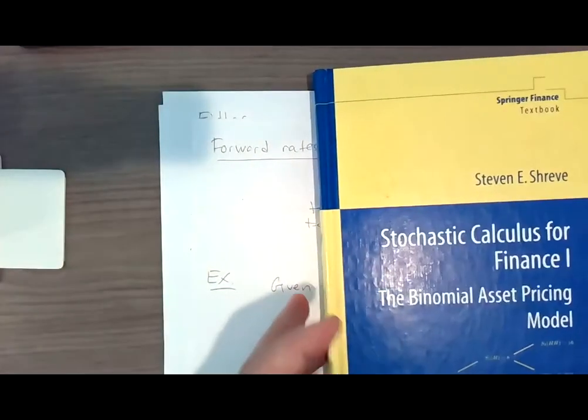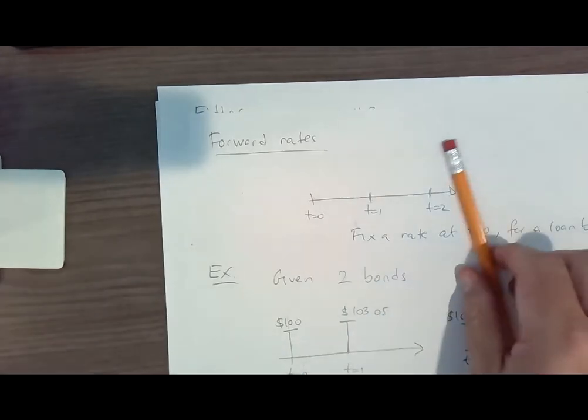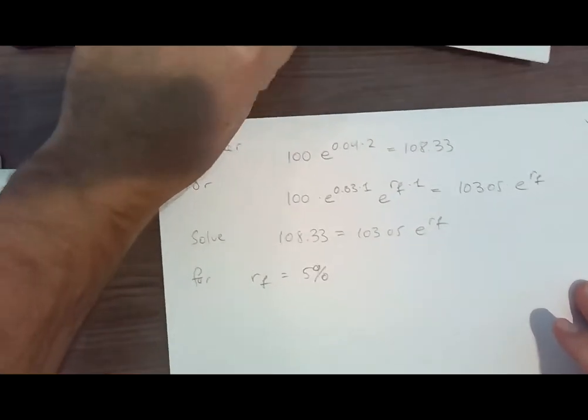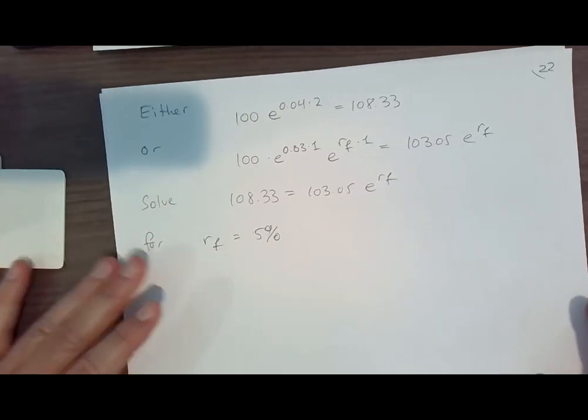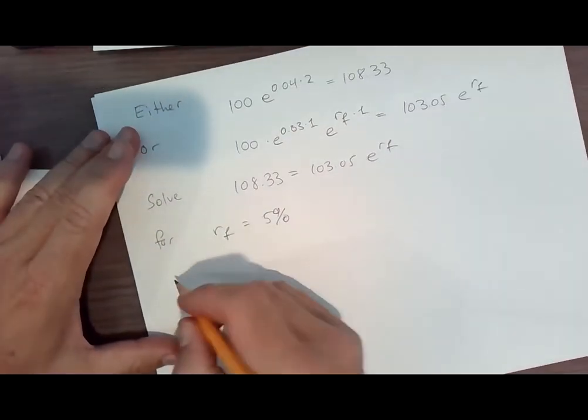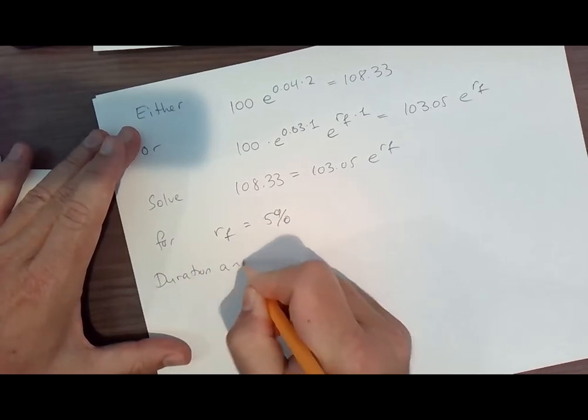This is going to come over in the stochastic interest rate section towards the end of the course. Another thing that he mentions, the last thing in this chapter that people care about, is duration and convexity.